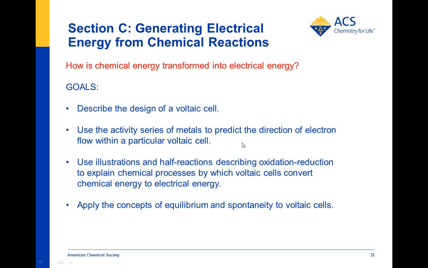They are going to use illustrations and make their own illustrations describing the oxidation reduction reactions that occur in those voltaic cells. And then finally, they're going to go back and revisit the concept of equilibrium and spontaneity and how those affect voltaic cells.